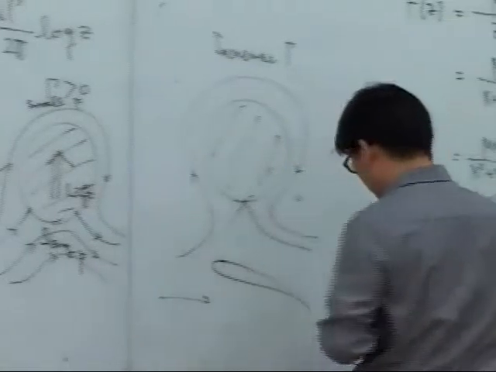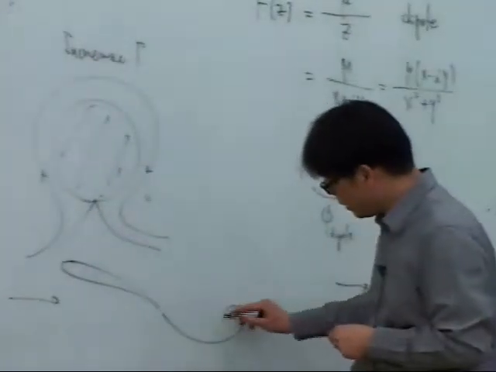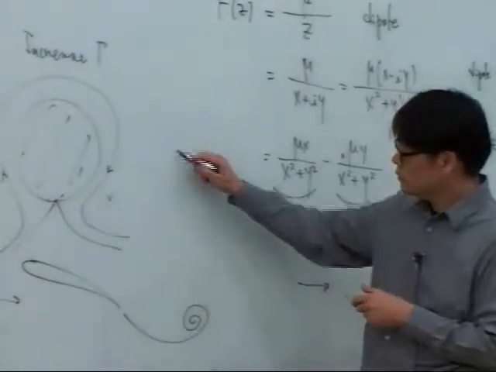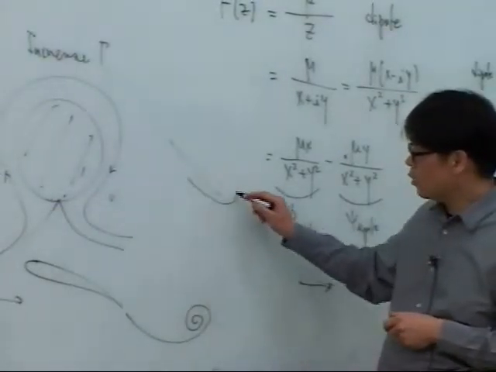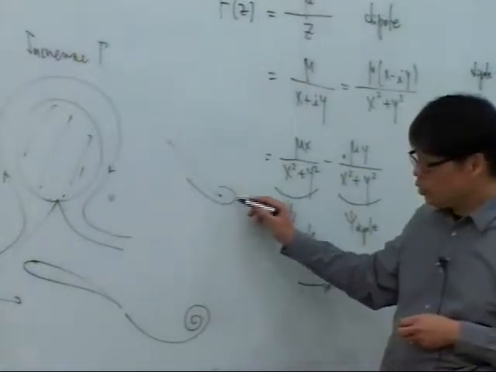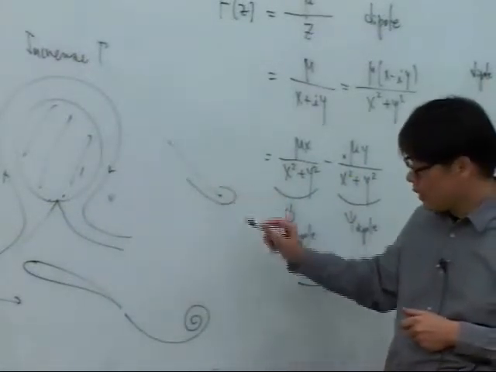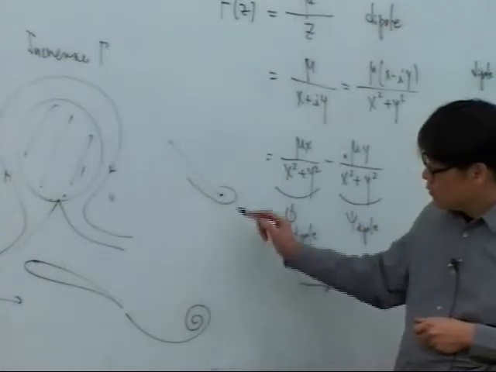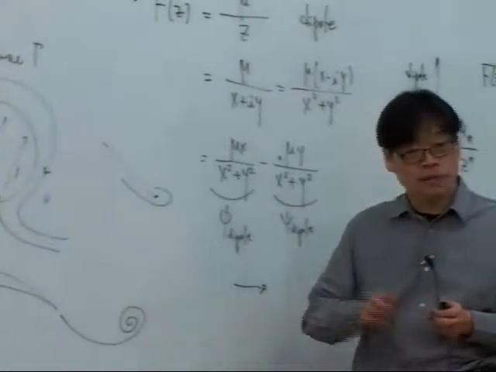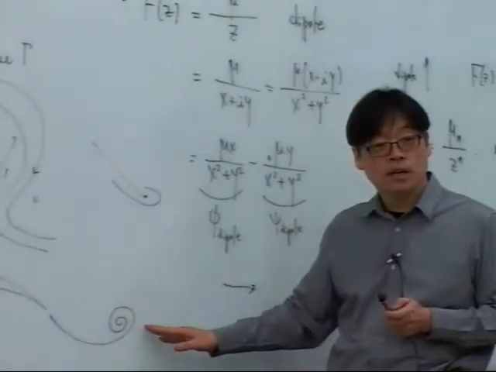The reason is, there is a separation coming from here because of the angle, and flow cannot go around. You need an infinite velocity to go around, which I haven't talked about yet. But anyway, to avoid that, in reality, what happens is, you see shedding like this.